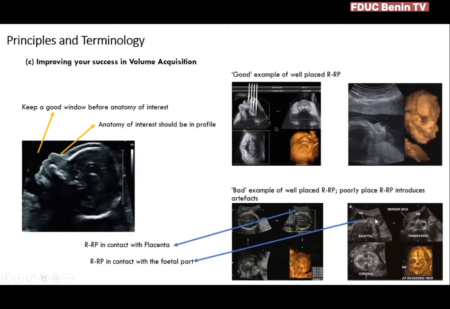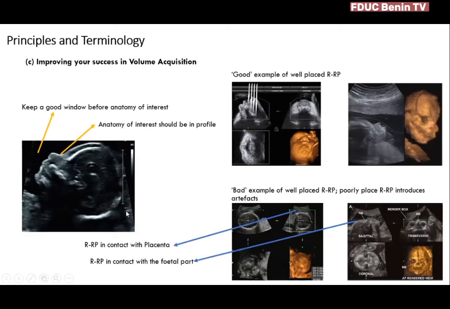It also would make the visualization of the desired anatomy impaired and will introduce an artifact. So when we look at this image, you might find some dark areas here over the nose, for instance, that might be indicative of an artifact because our reference reconstruction plane was intersecting with a certain part of the fetus, maybe the nose.